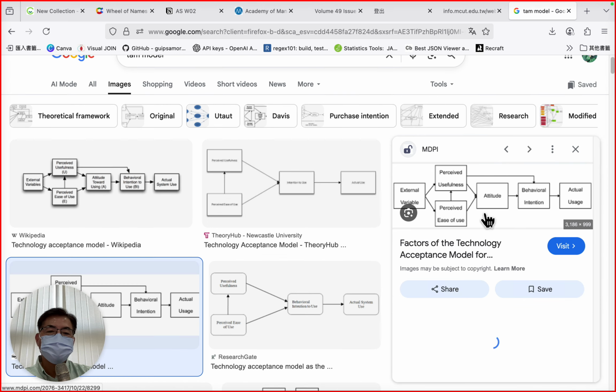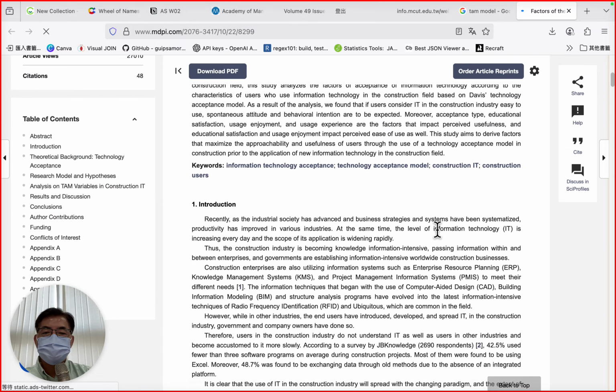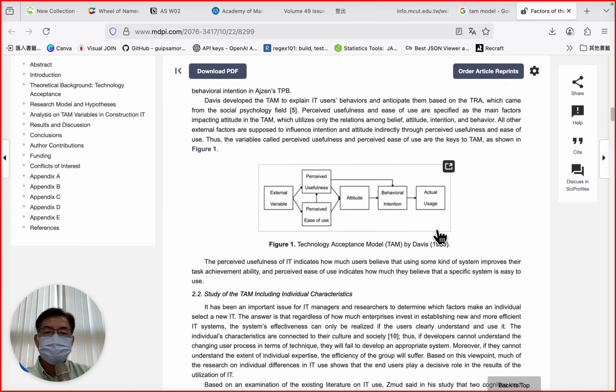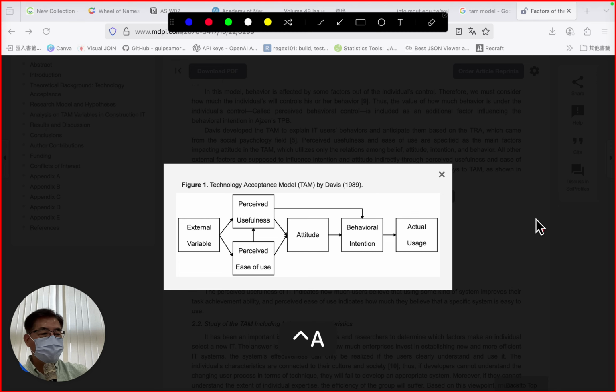Okay, good. This is a framework, and also a theory called TAM. So it contains actually 5 concepts.